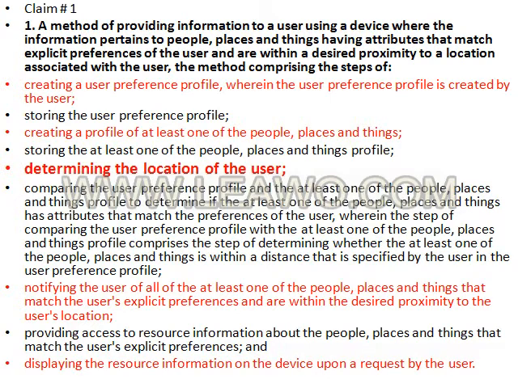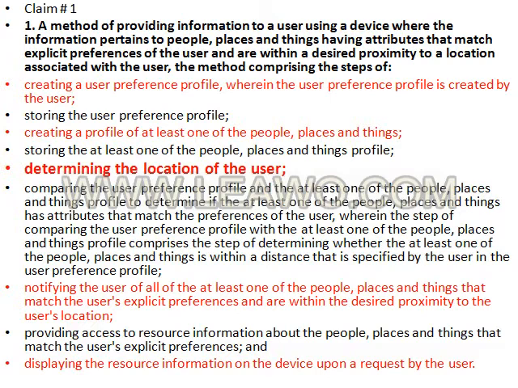So basically, you, the user, creating a profile on the mobile phone app, storing the user preference profile. So just storing your preferences on the profile, creating a profile of at least one of the people, places, or things.